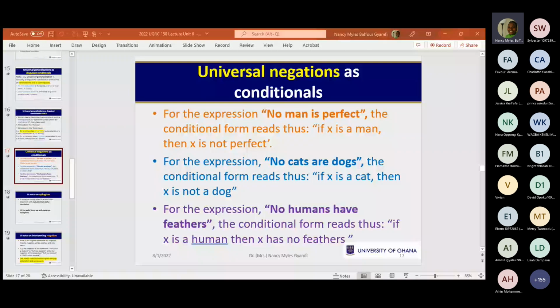For instance, if someone says, no woman likes poor men. My mother likes poor men. So my mother is not a woman. I say it again. No woman likes poor men.